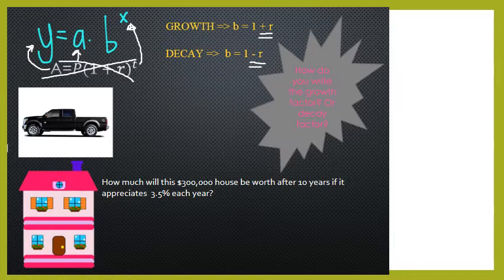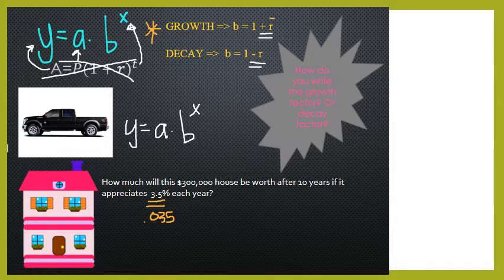So we're going to take our formula, y equals a times b to the x, and we're going to plug in our values. The first thing that you really should do is figure out your growth factor. So if my R is 3.5%, you must convert that to a decimal, 0.035. But then remember, we have to add that to 1 because we know that it's a growth situation.